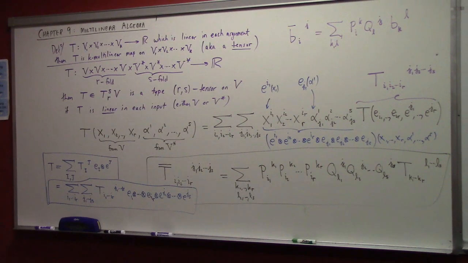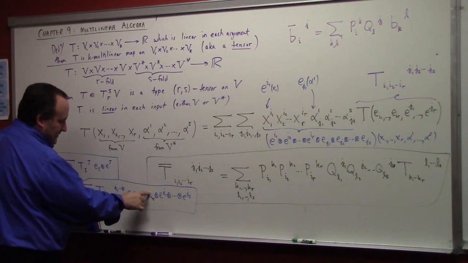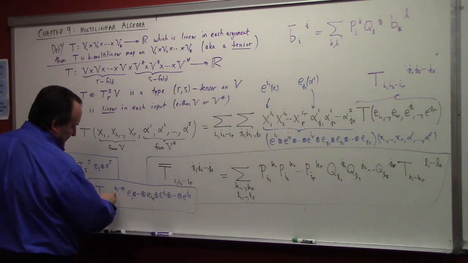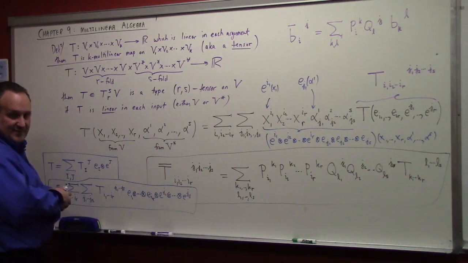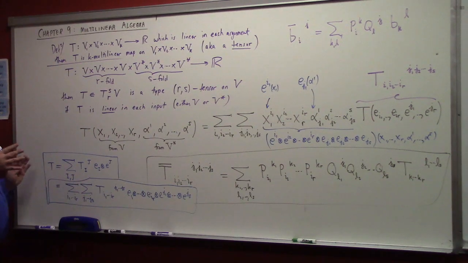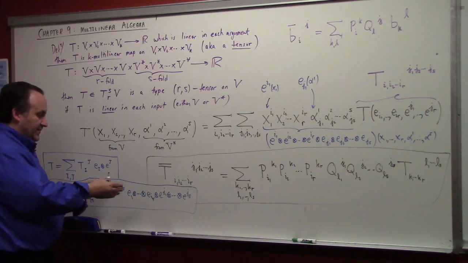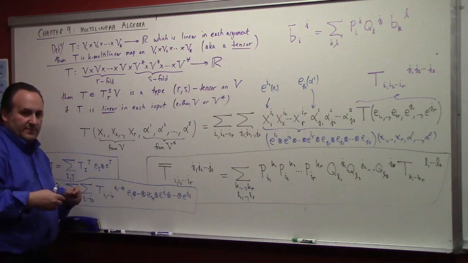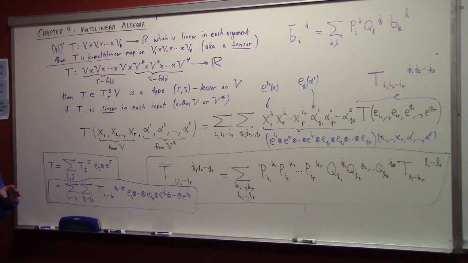And then if you just look at this, you can prove that for arbitrary type (r,s) tensors the set of all such things forms a basis. This formula right here shows you spanning. And then linear independence of this tensor basis can be proved by arguments similar to the ones we gave last time.